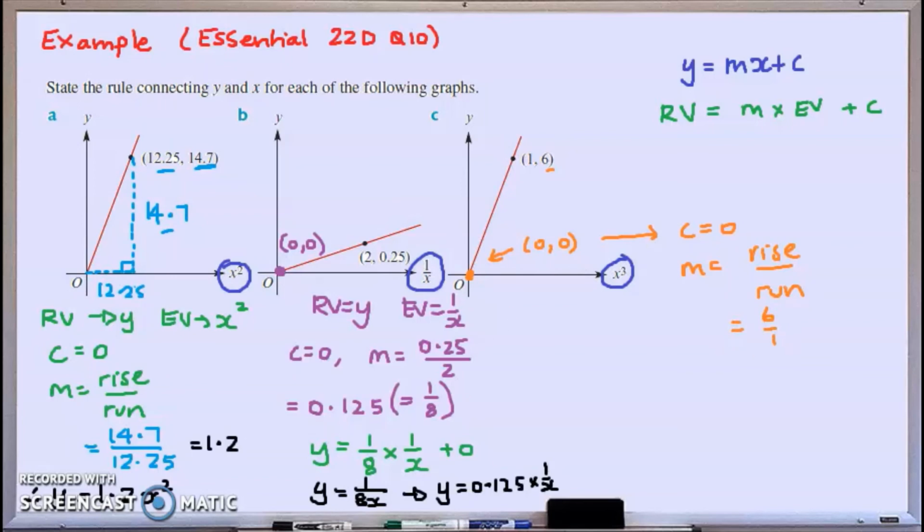My response variable is y, and my explanatory variable is x cubed. So therefore, when I put it into this formula, I'm going to get y equals 6x cubed plus 0, and when I tidy that up, I get y equals 6x cubed. So this is how I can turn these straight line graphs and state the rule that connects my two variables for each of these cases.